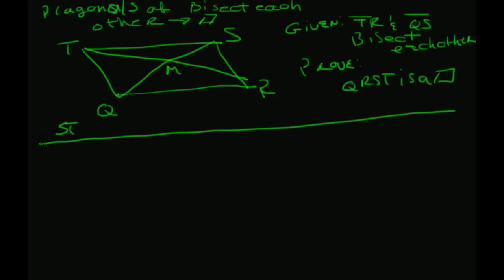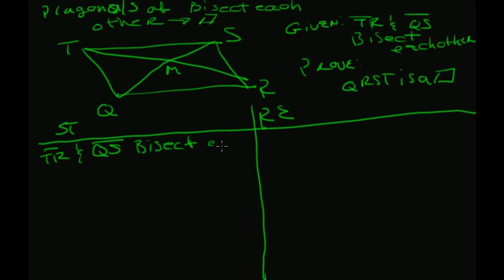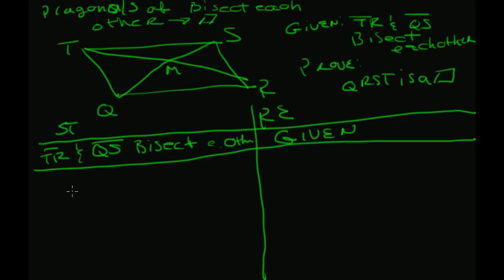All right, so let's do statements and reasons. Okay, so we have that TR and QS bisect each other. And how do I know that? Because it is given. All right, so that means a whole bunch of stuff. That means that TM is congruent to MR, and QM is congruent to MS, because that's the definition of a bisector.